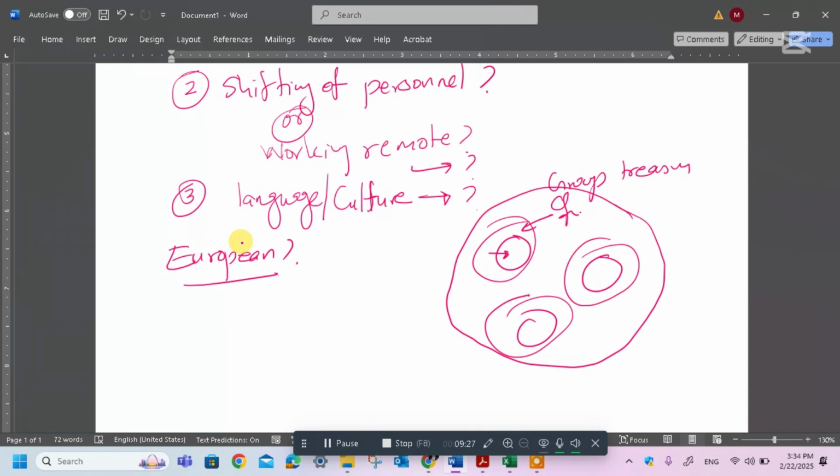Repeat. Earlier the group treasury was in another continent, so the divisional treasuries might have had more autonomy, more power to make decisions. Now with the group treasury coming to Europe, you will have to rethink whether these divisional treasuries need the same powers that they had already. If you think no, when you are redesigning the structure and the powers that they are going to have, we need to ensure their motivation is not affected. Include that here.